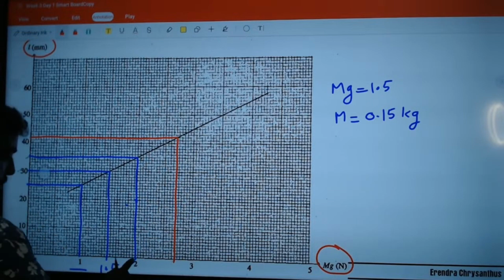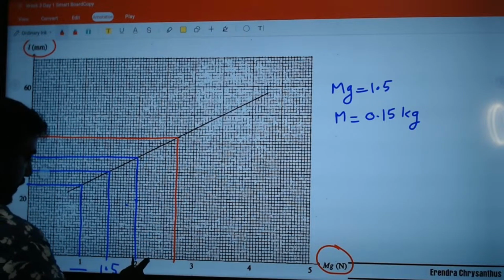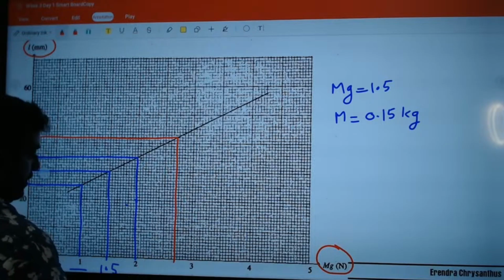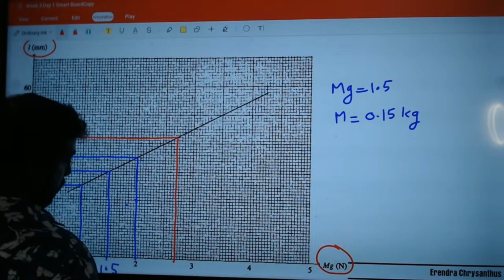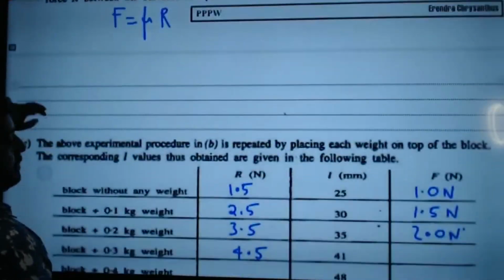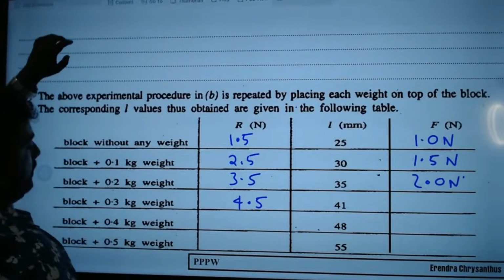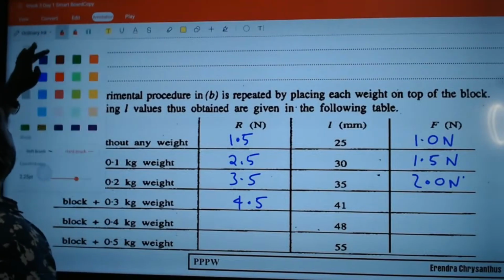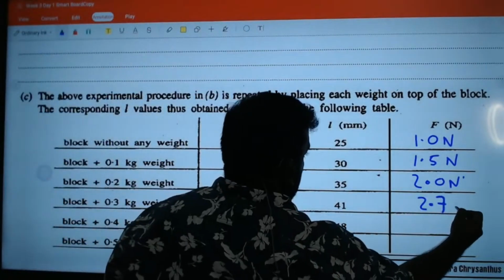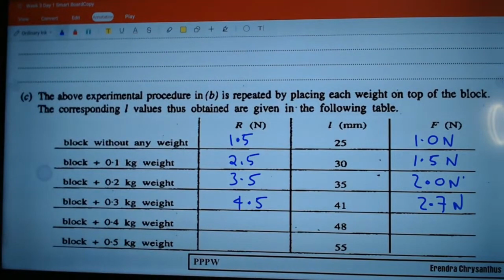How much? 1, 2, 3, 4, 5, 6, 7, 8, 9, 10. 2.5, 2.6, 2.7. 2.7 Newton.